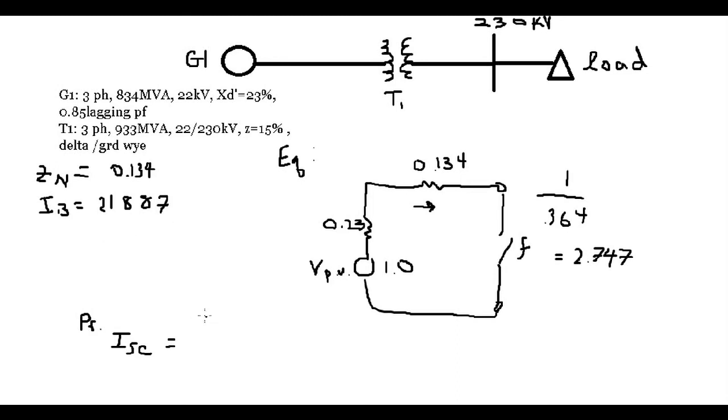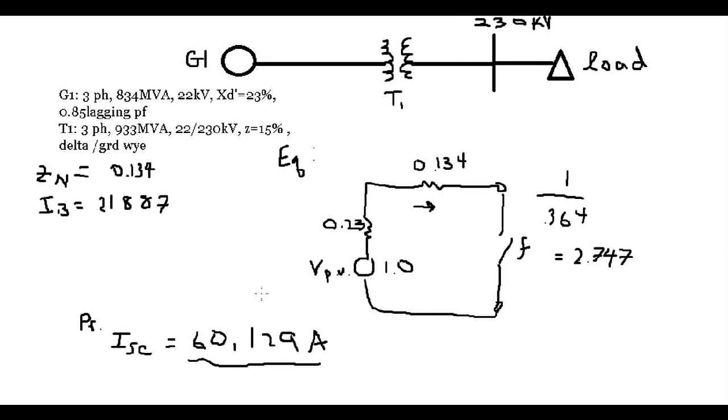That is equal to 60,129 amps. Okay, so that's our primary side short circuit current.